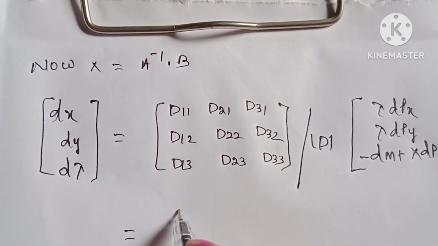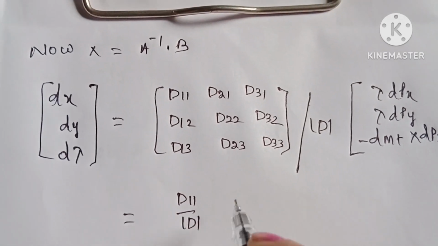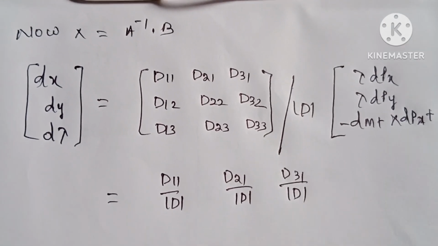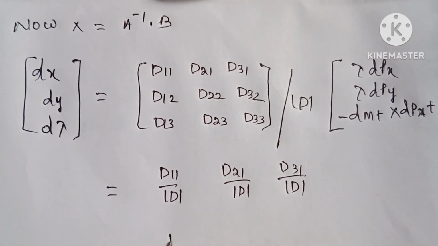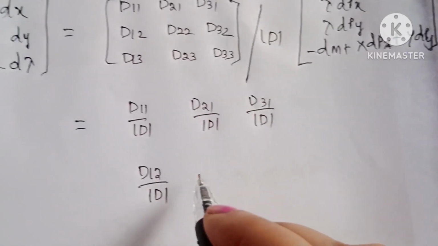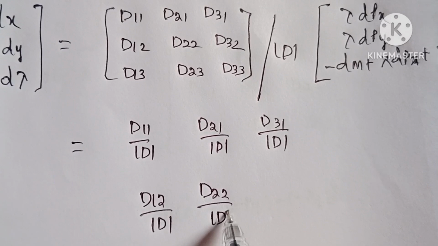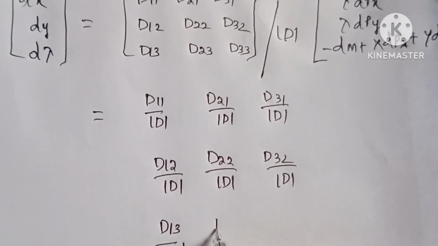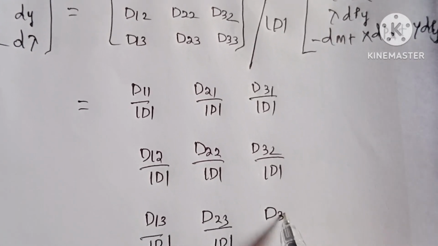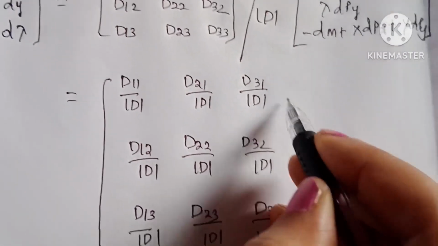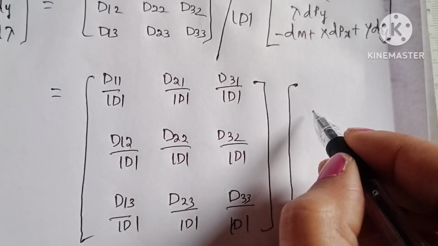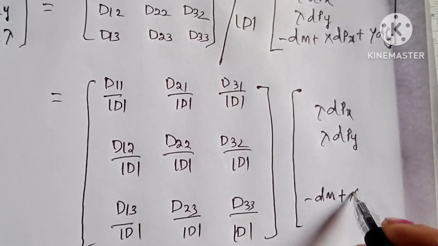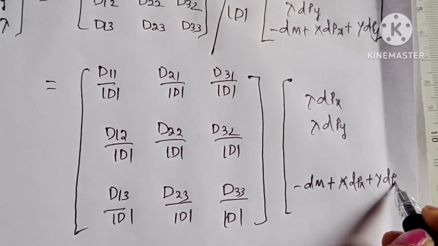So we can also write this as d11 by determinant, d21 by determinant, d31 by determinant, d12 by determinant, d22 by determinant, d32 by determinant, d13 by determinant, d23 by determinant, d33 by determinant, multiplied by lambda dpx, lambda dpy, minus dm plus x dpx plus y dpy.